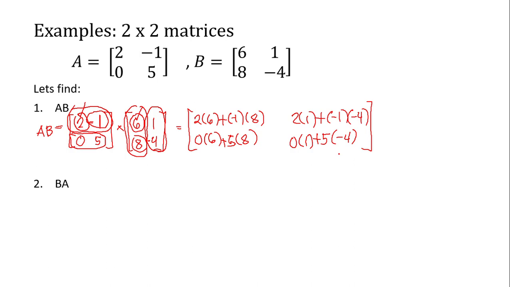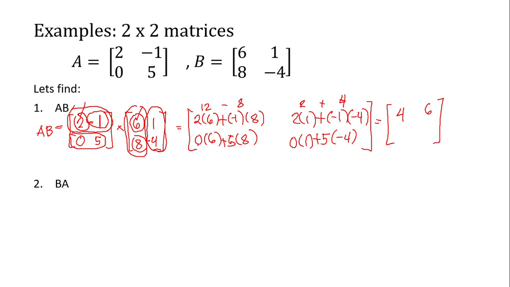Okay? So, after that, simplify lang natin. Pwede naman diretso na. So, we have 2 times 6 is 12. Then, negative 1 times 8 is negative 8. So, basically, 12 minus 8 is 4. Then, 2 times 1 is 2, and negative 1 times negative 4 is positive 4. So, we have 2 plus 4 is 6.